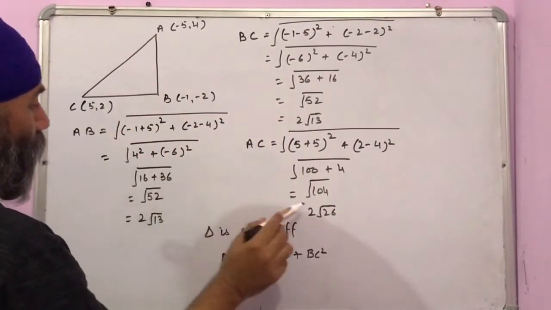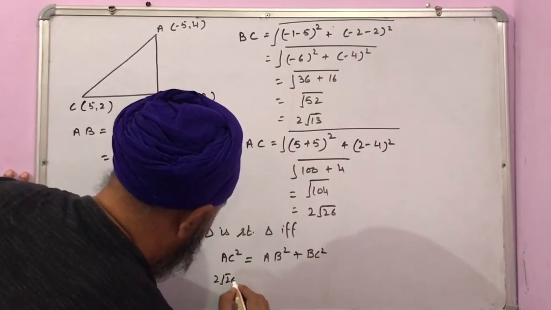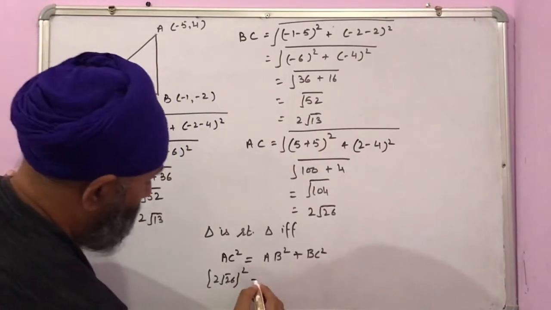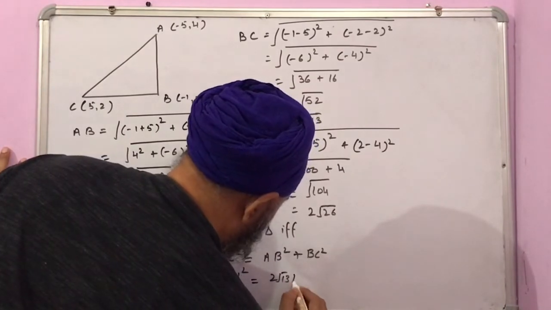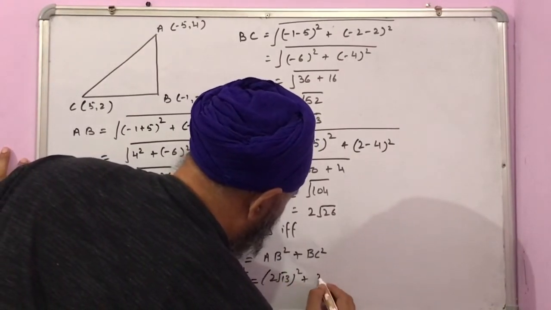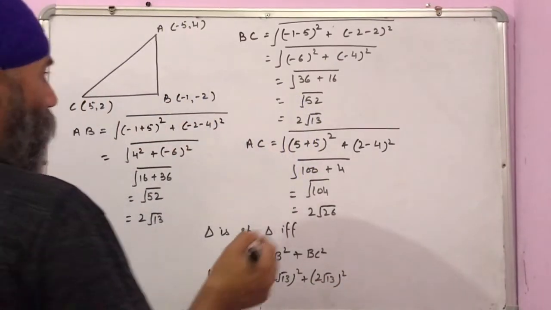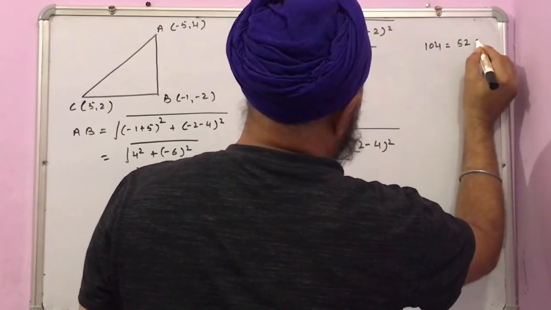So, what is the length of AC? 2 root 26 square, it is 26. AB is 2 root 13 square. BC is also 2 root 13 square. 2 root 26 square is 104. 2 root 13 square is 52.